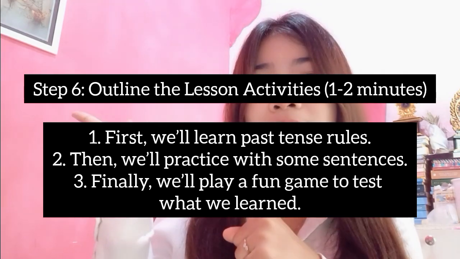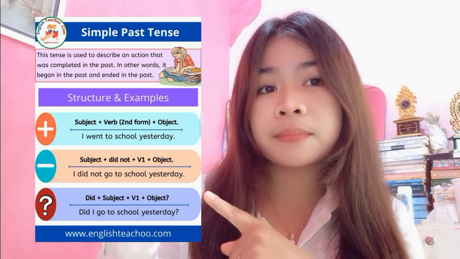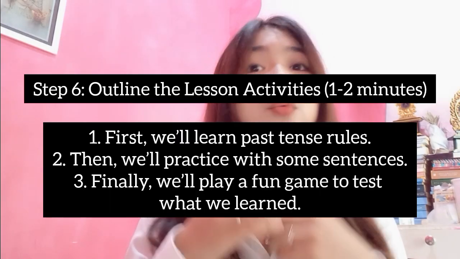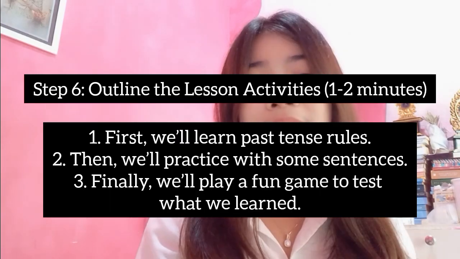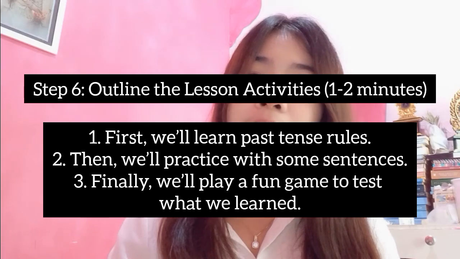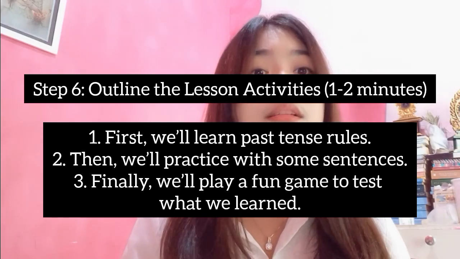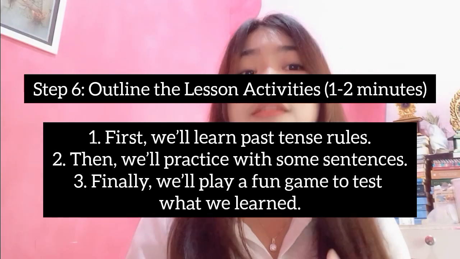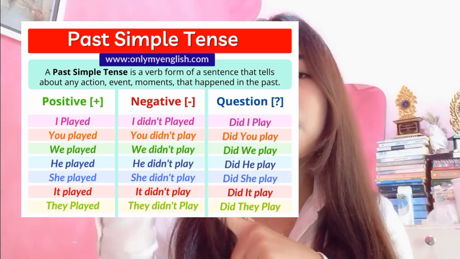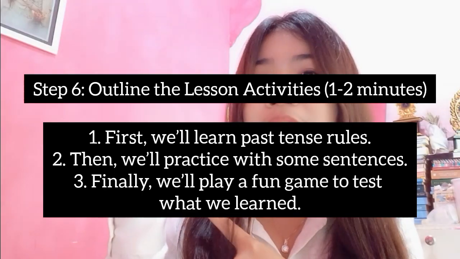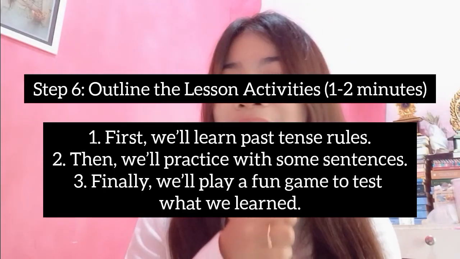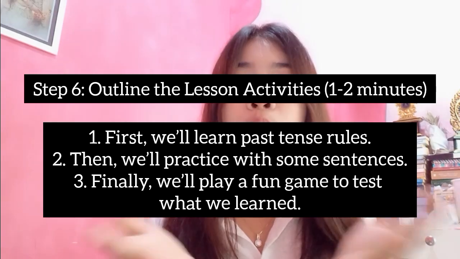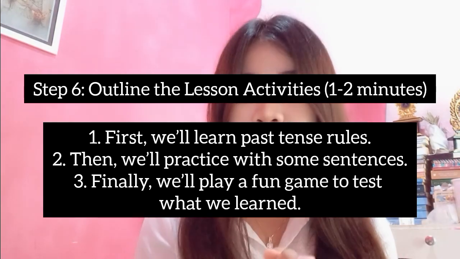I will provide them here. Second activity, we will practice with some sentences. I will provide the students examples of how to use simple past tense here. And then for the last activity, we will play a fun game to test what my students have learned.